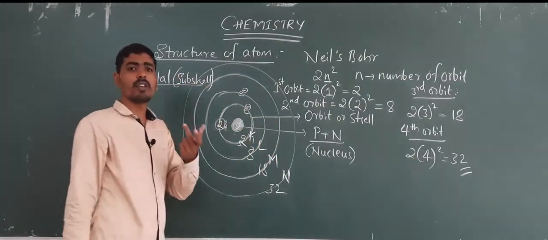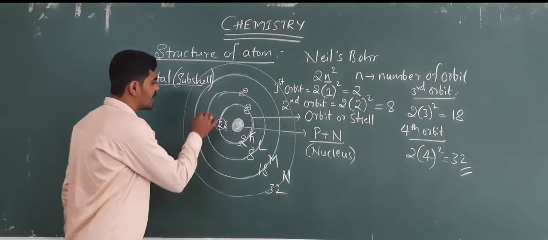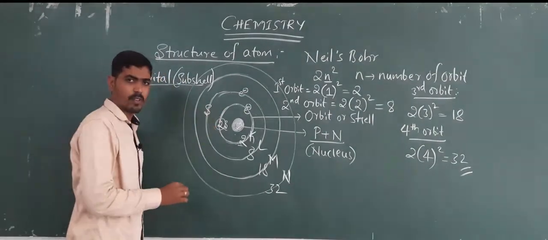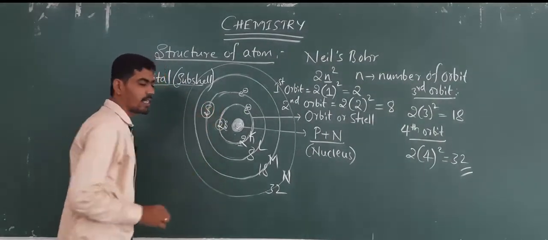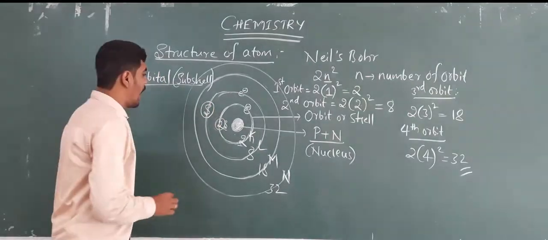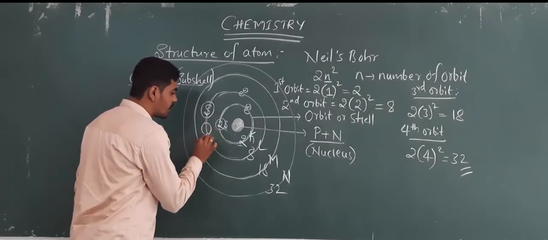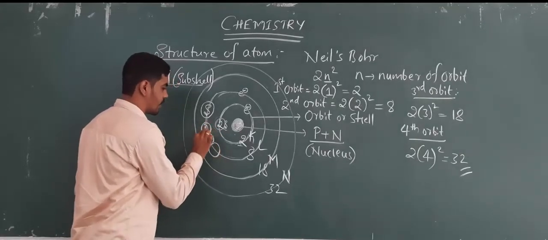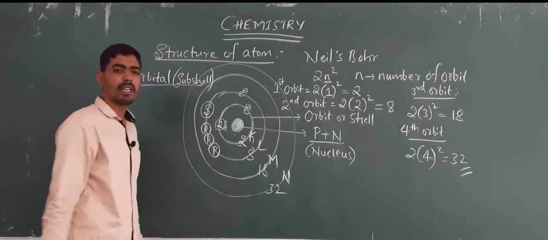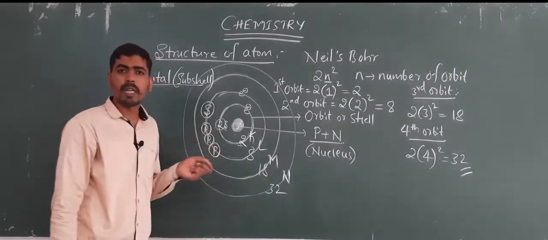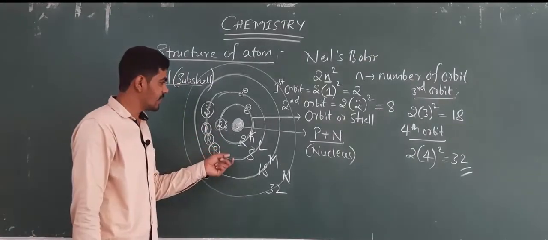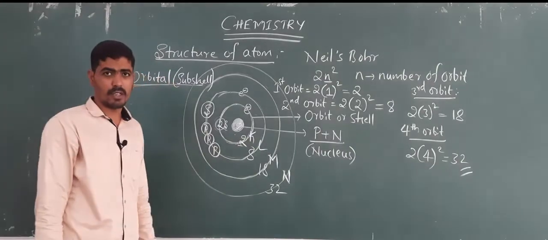Then which are those orbitals? One s orbital will be present and 3 p orbitals are present. One s orbital and 3 p orbitals are present in the second shell.